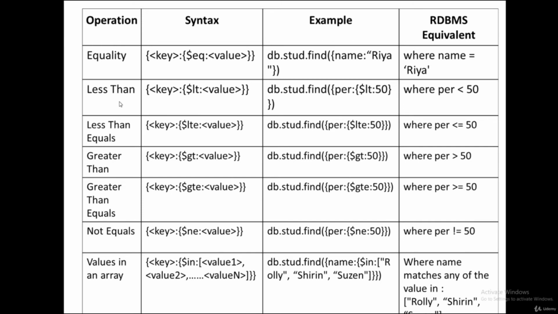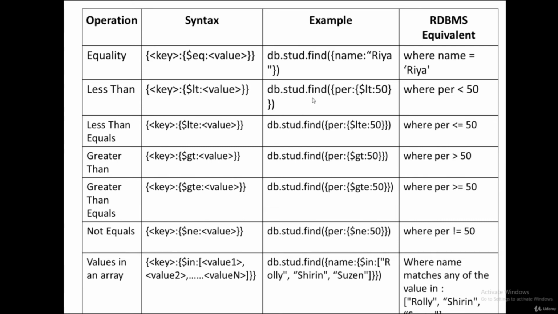Other comparison operations that you may use are less than, less than equals, greater than and greater than equals. The syntax: $lt is used for less than, $lte for less than equal to, $gt for greater than, and $gte for greater than equal to.